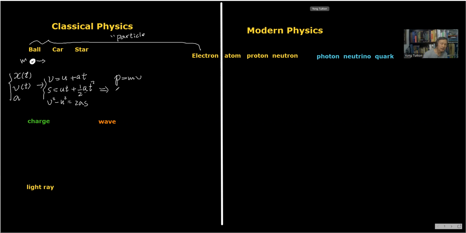A particle also has kinetic energy, including the electron, given by half m v squared. Eventually you will see that potential energy is useful too. Near the ground, the gravitational potential energy can also be written in a formula.